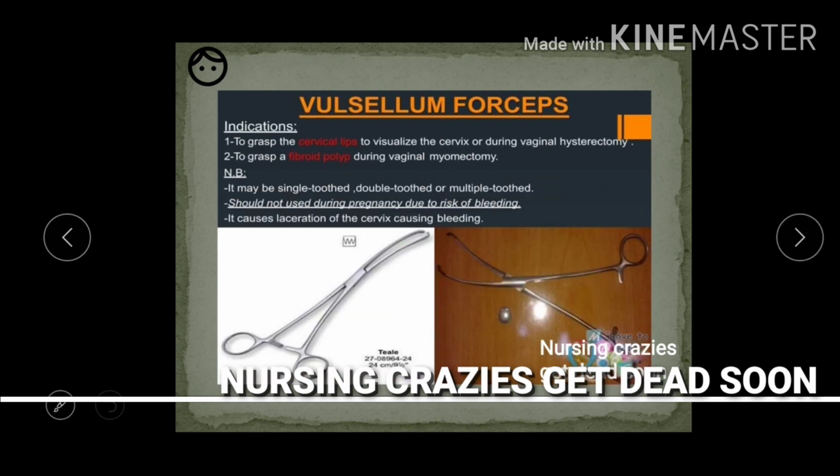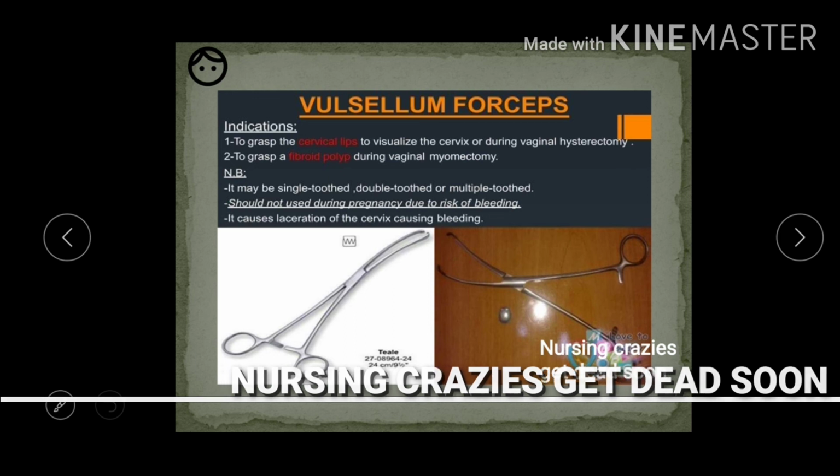The next is Vulsellum forceps. Vulsellum is also one of the types of forceps we use in gynecological practice. Most commonly you have seen it in CHCs, PHCs and hospital setups. It is used to grasp the cervical tip for visualization of the cervix or during vaginal hysterectomy.